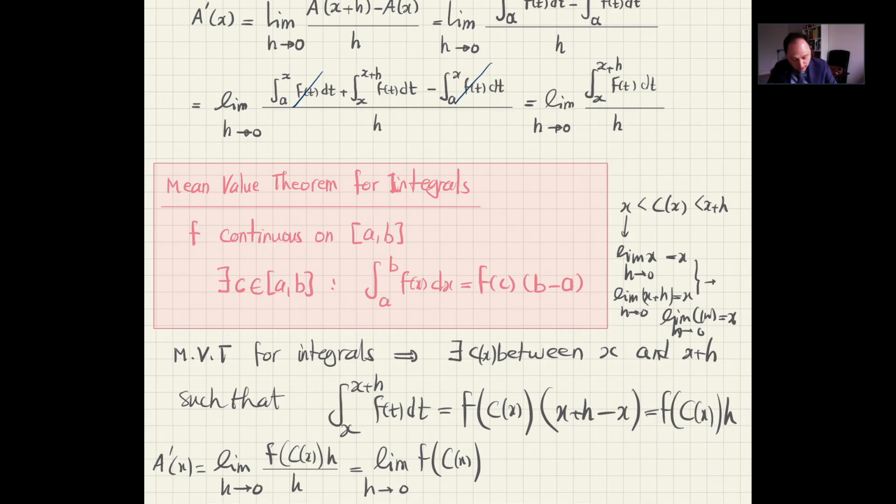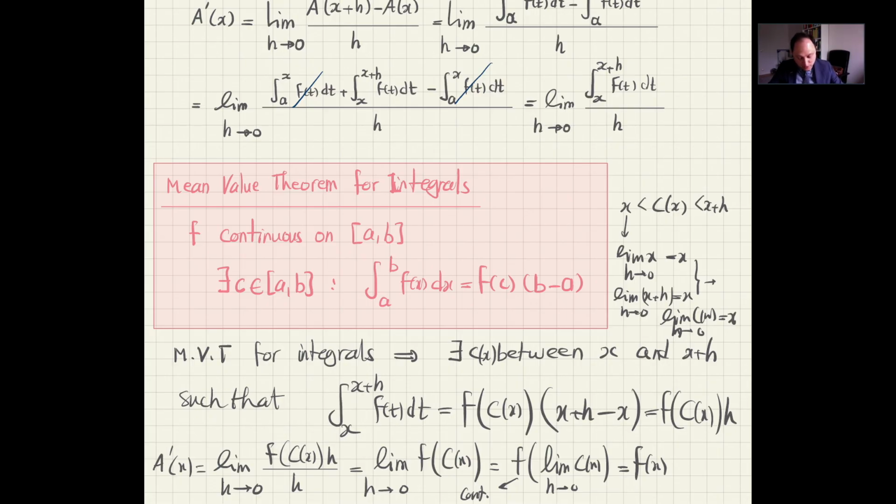Yes? And then because f is continuous, I can write it as f, and then I can slip the limit inside. Yes? So f is continuous, and this becomes f of x, and then we are done.